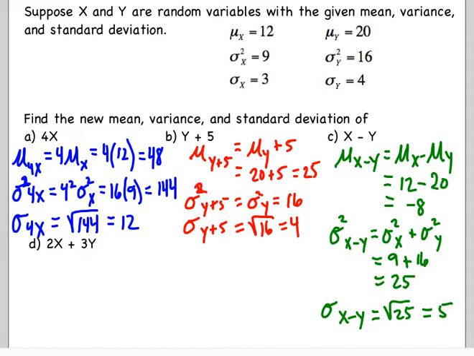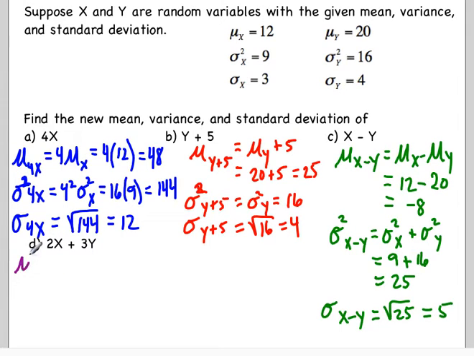And then down here for D, it's like a combo of multiplying, like in part A, and adding 2 random variables. So this is like a combination of big idea number 1, where you're adding, and big idea number 3, when you're multiplying by a constant.